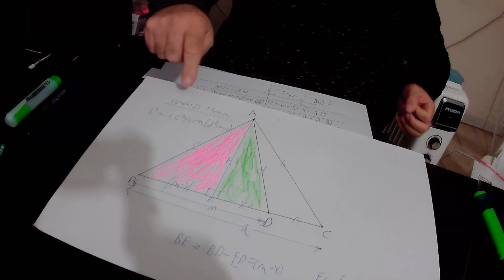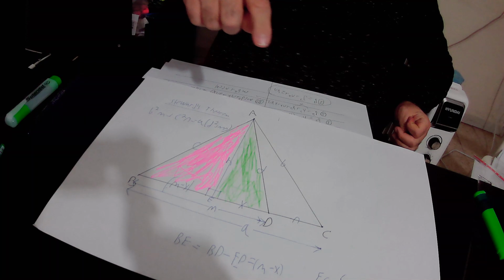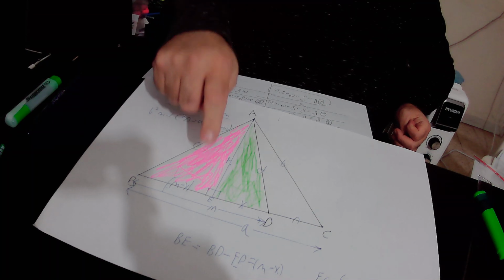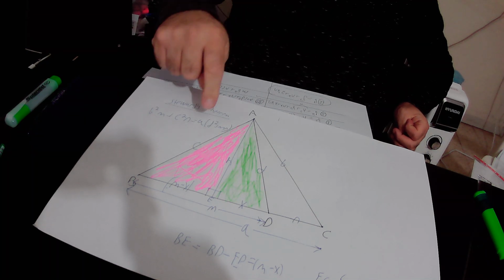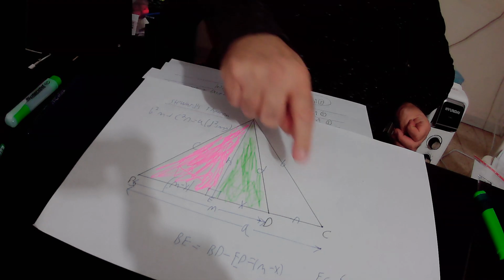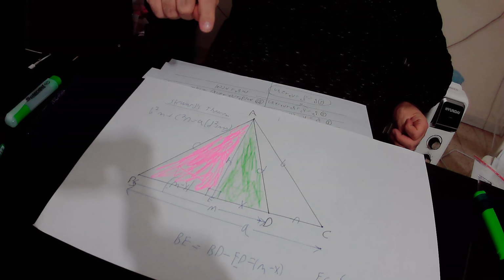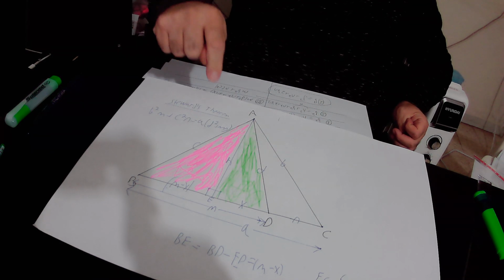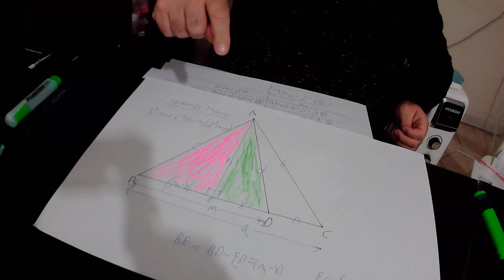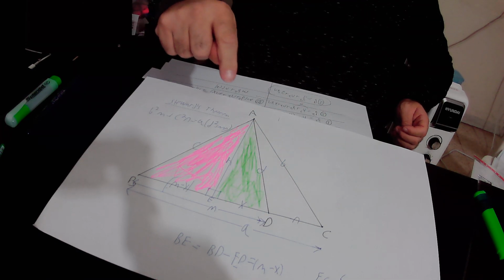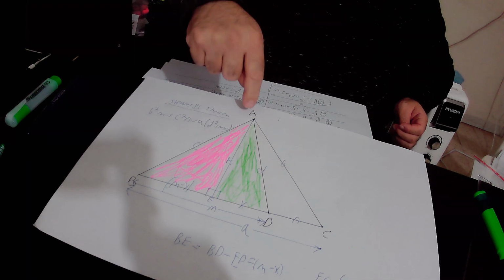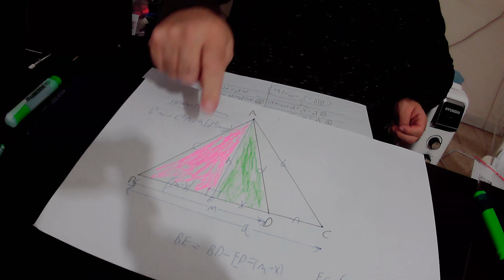So, I'll repeat again: b squared times m plus c squared times n equals a times d squared, where d is the length of the Cevian, plus m times n.